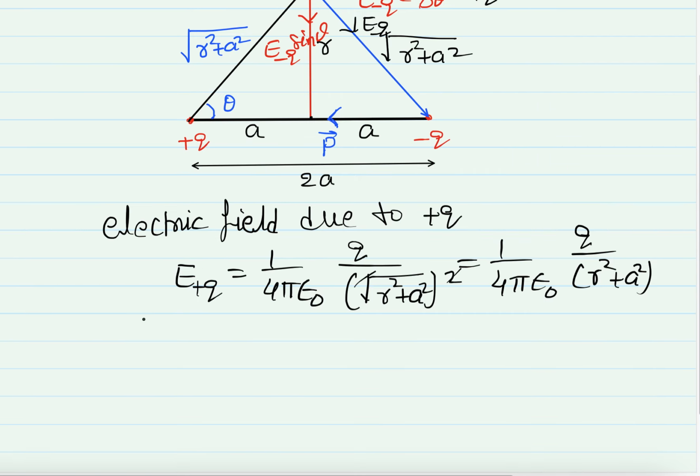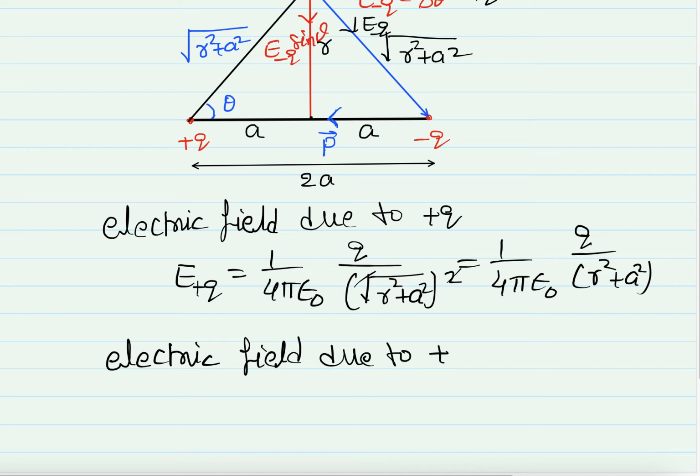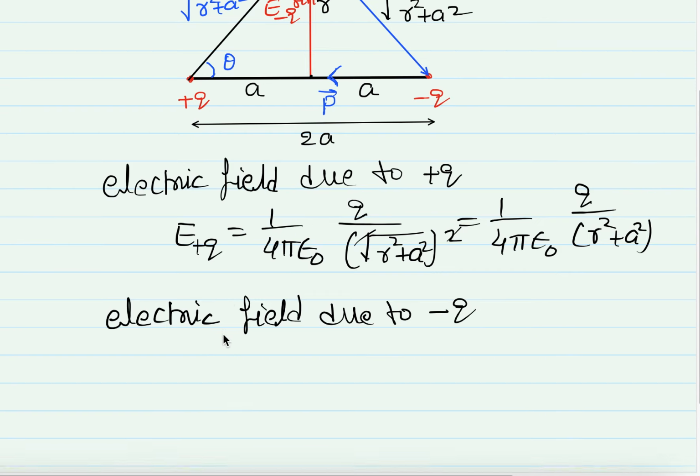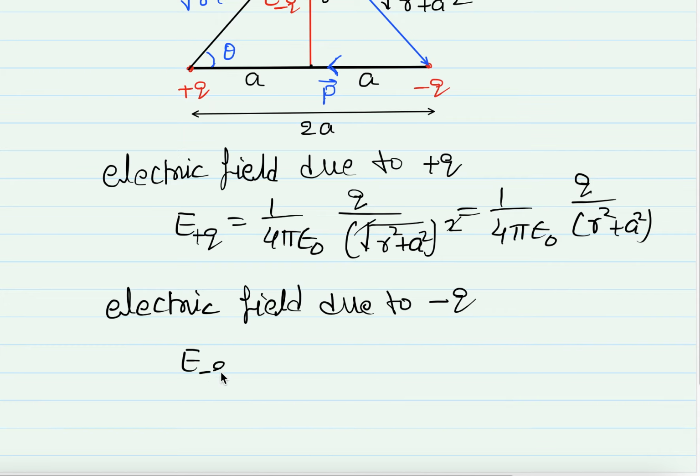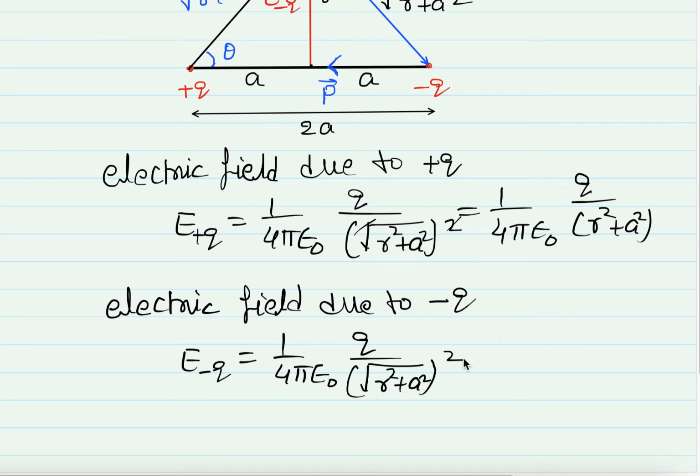And next, the electric field due to negative charge minus q. E minus q is equal to 1 by 4 pi epsilon naught q by root over r square plus a square, whole square. Here also the square root will get cancelled, so 1 by 4 pi epsilon naught q by r square plus a square.